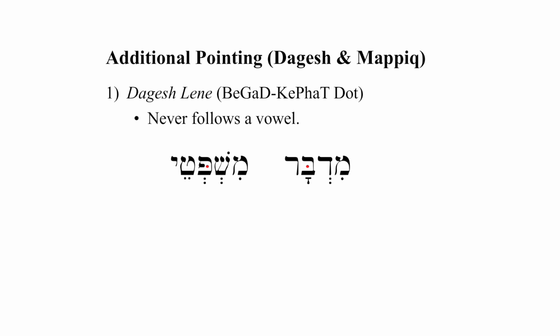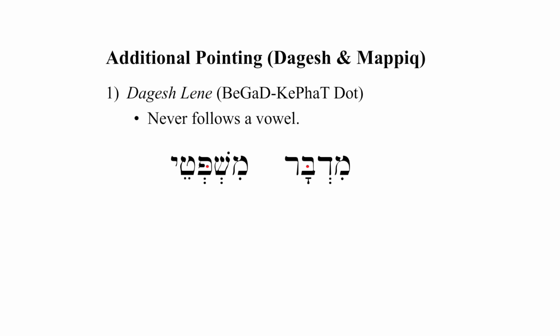And the second syllable with the bait begins with a hard plosive action. There is a dot in the bait because a begad kafat letter indicates the hard explosive pronunciation, and it always follows a schwa. That's the characteristic of the begad kafat dot, or the dagesh lene. It always follows a schwa. You can see this in the second example as well.